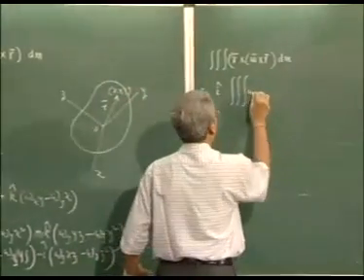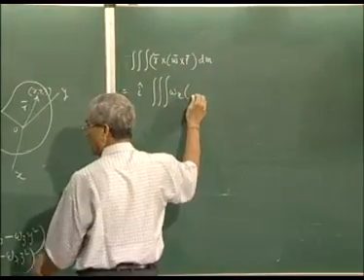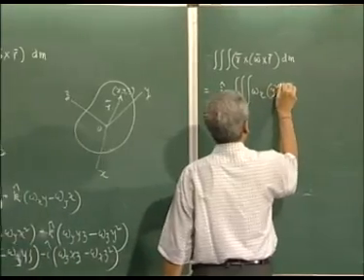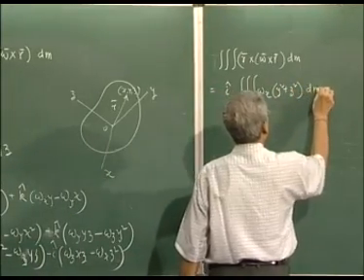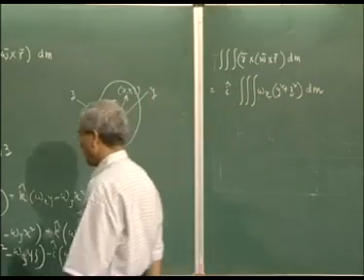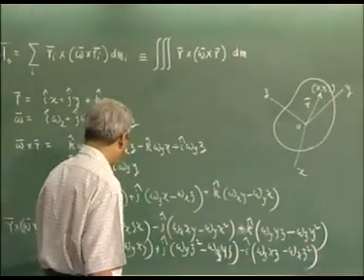So, it will be omega x into y squared plus z squared dm. That is one term.